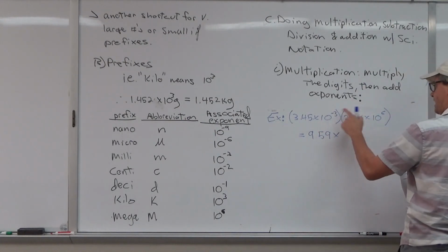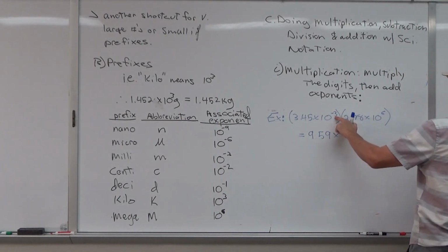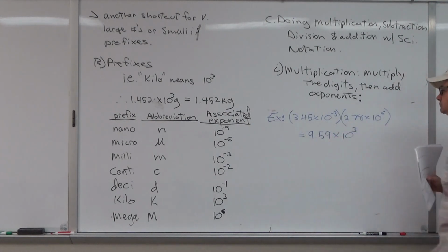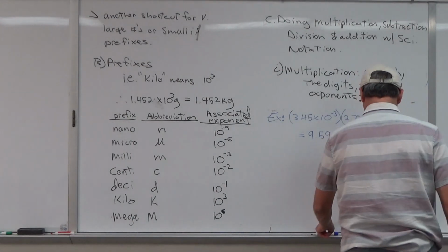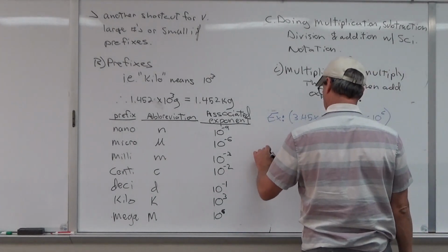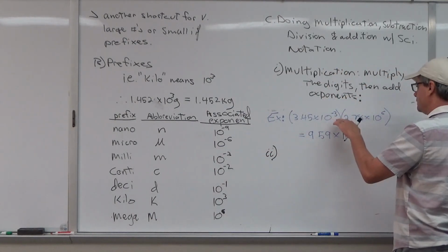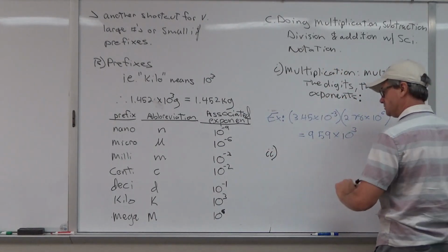And then you simply add those two exponents. So negative 3 plus 6 is 3. Okay. And then for division, it's the same thing, except you subtract that exponent from that exponent. Okay.